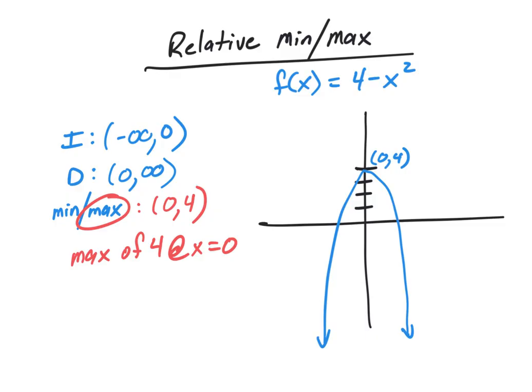So it's going to reach a maximum of 4, and that happens at x equals 0. So that's just a little at symbol. And that's how they're going to express the minimum maximum, rather than an ordered pair. It's taking that ordered pair and putting it in a little bit different format.